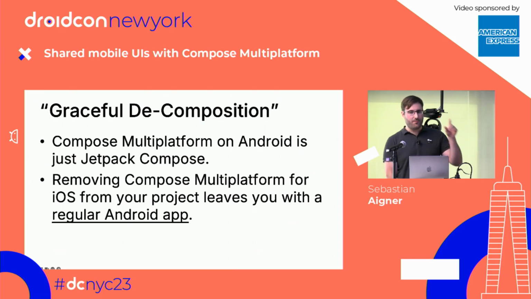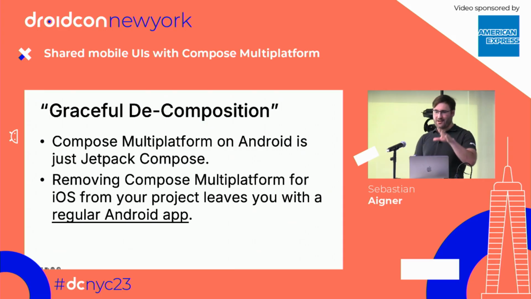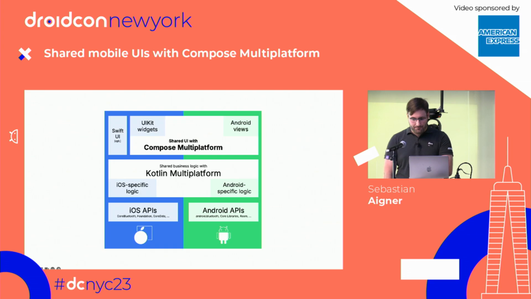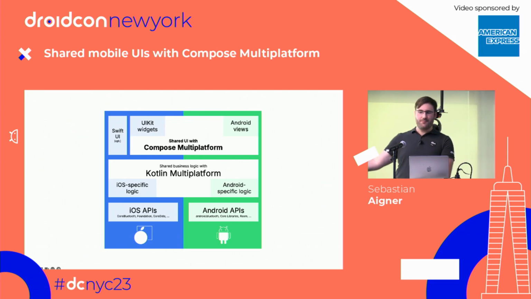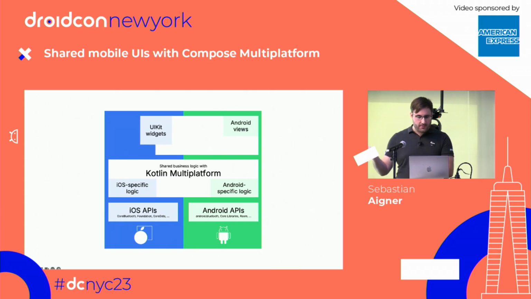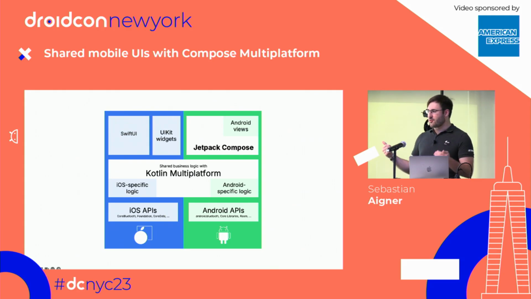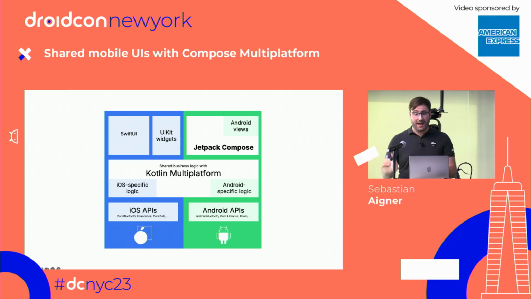When Compose Multiplatform on Android is just Jetpack Compose, that means if you ever take away Compose Multiplatform from your project, what you end up with is just a regular Android app, right? So if for whatever reason down the line you decide you really want to build a native user interface for iOS, then all the work that you've put into building your UI doesn't go away. It's still a regular Jetpack Compose application that works and behaves exactly the way that you want it to.